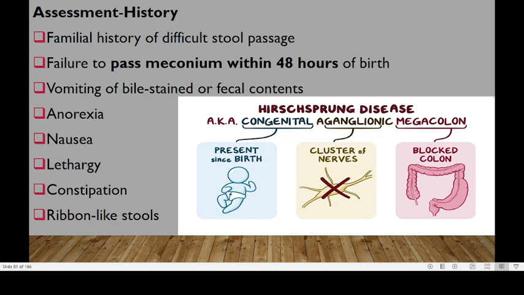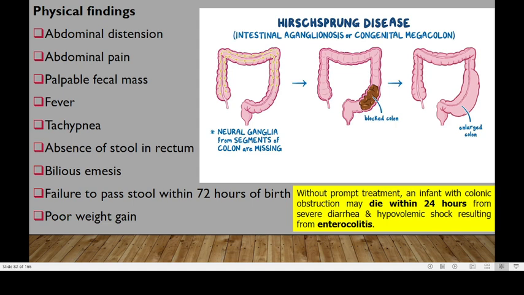In terms of assessing, remember, patients are going to present with a history of failure to pass meconium within 48 hours. Hirschsprung disease, remember, is also referred to as congenital aganglionic megacolon. Congenital means it will be present at birth, and aganglionic means lacking ganglia, which are clusters of nerves. Megacolon is an enlarged colon, right?